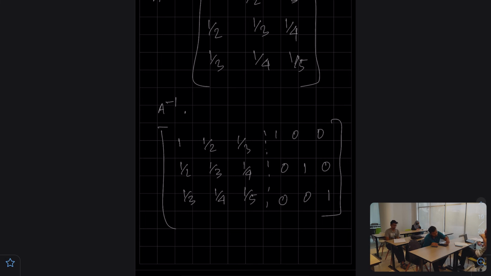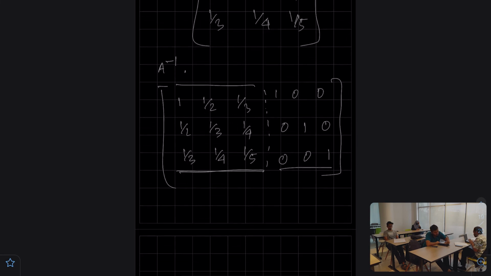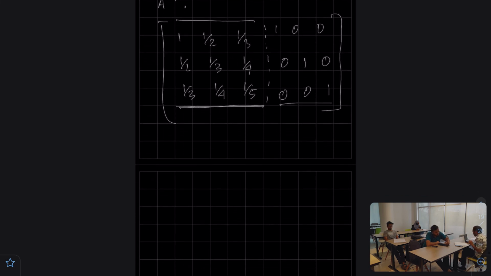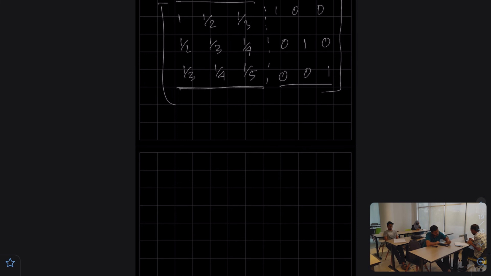Now what I'm going to do is construct the row reduced echelon matrix in this part, and I will apply the same elementary row operations on this part, and this will give me the inverse of A on the left hand side. You can do the calculation at home. For the first row, do I need to do anything?